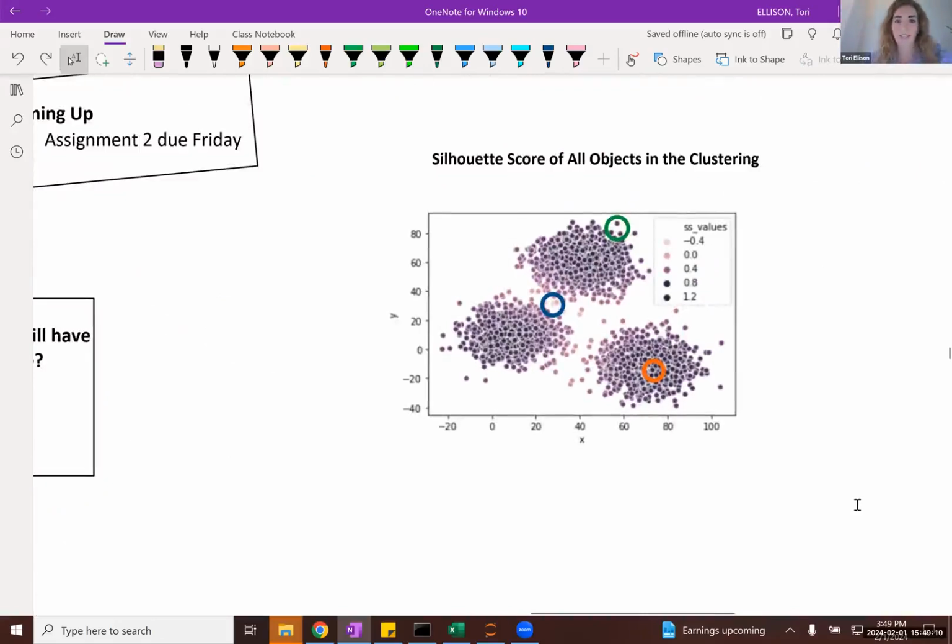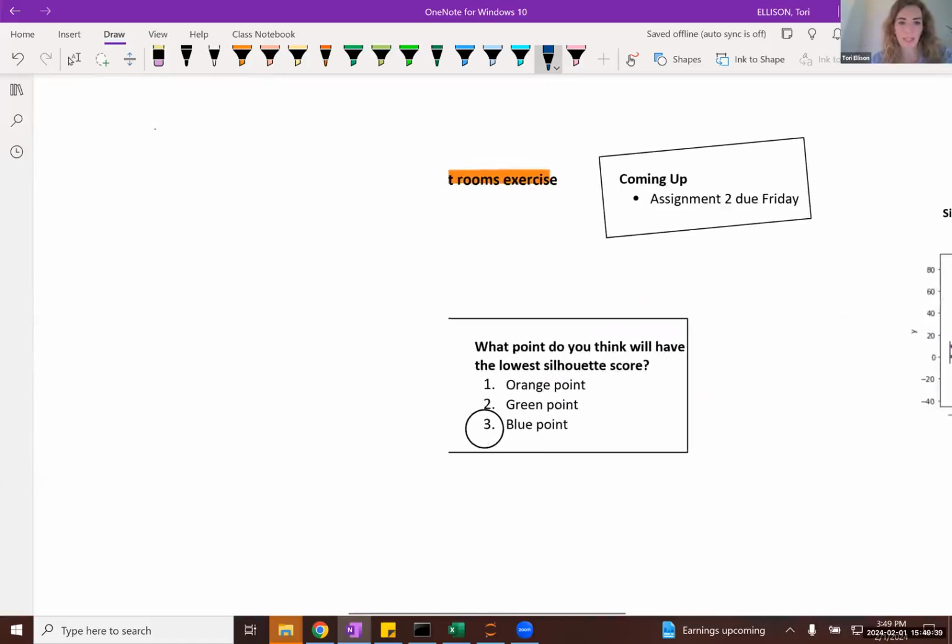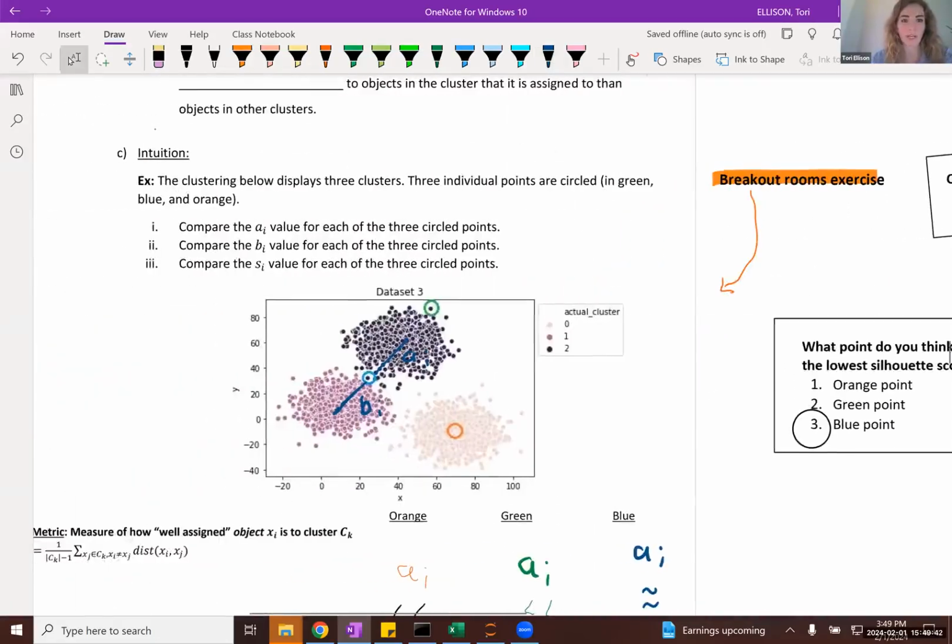So we can see that the silhouette score for observations that exist basically on the border, or basically that straddle multiple clusters here, actually do end up having the smallest silhouette scores, whereas the observations which are relatively far away from a cluster that it was not assigned to end up having much higher silhouette score values. Okay, so that's exactly how we end up interpreting the individual silhouette score.